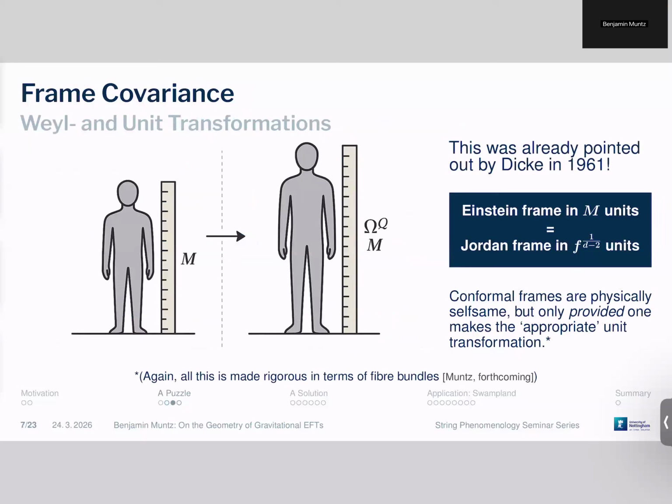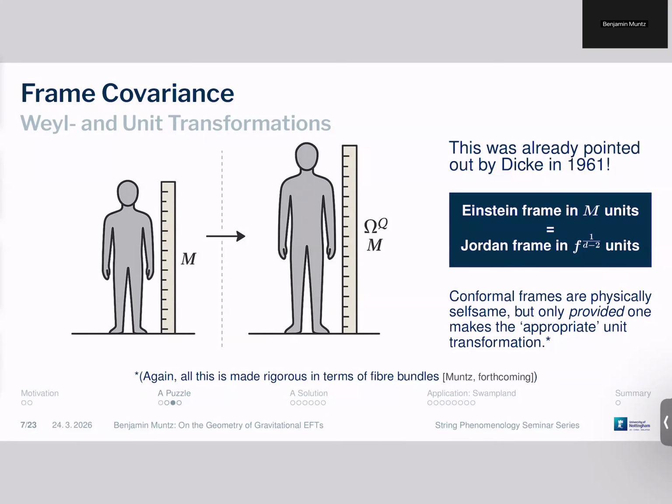So this so-called frame problem of whether Jordan-Einstein frame, all of these infinite number of frames are equivalent, this has been discussed for many years, but really the issue was already sort of picked out by Dicke back in the 60s. Namely, he noticed, or argued, that if I'm in Einstein frame and I work in, say, Planck units, then I'm going to get exactly the same dimensionless observables if I worked in Jordan frame in units of this non-minimal coupling, which is not a constant.